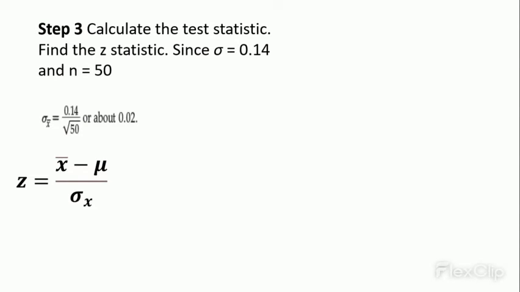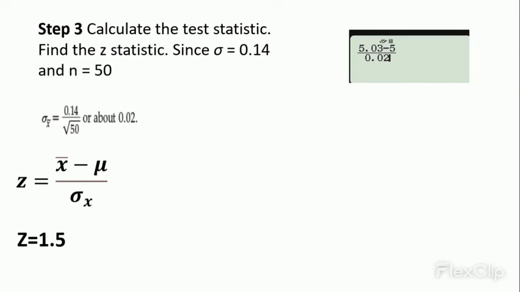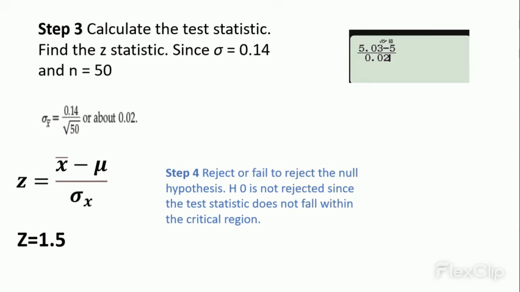Substituting the values in the calculator, you will get z equal 1.5. Now, reject or fail to reject? The null hypothesis H naught is not rejected, because 1.5 is less than 1.645, so we fail to reject.